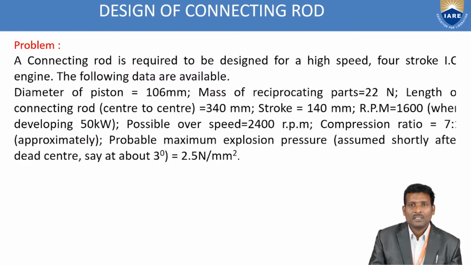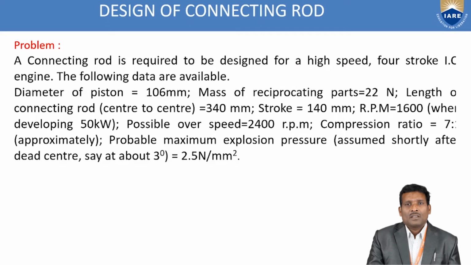Here is the problem on connecting rod design. A connecting rod is required to be designed for a high-speed 4-stroke IC engine. The following data are available. Diameter of the piston is 106 mm. The mass of reciprocating parts is 22 newtons. The length of connecting rod, center to center, is 340 mm.